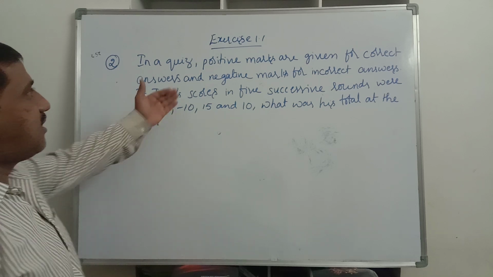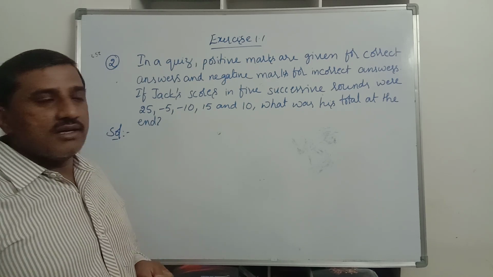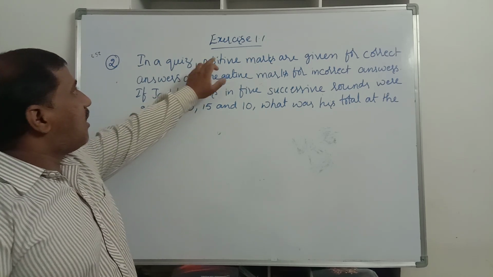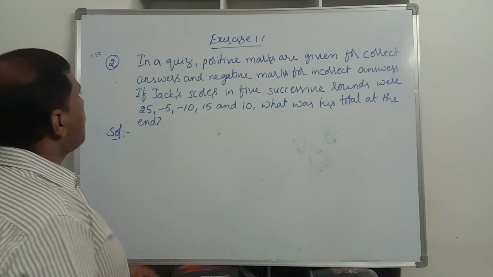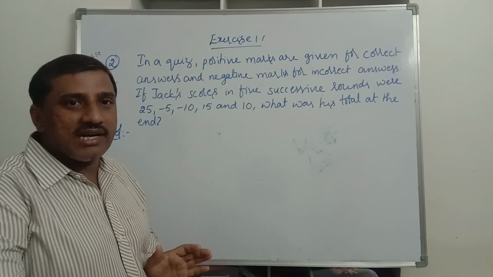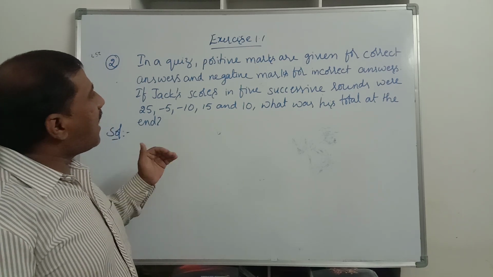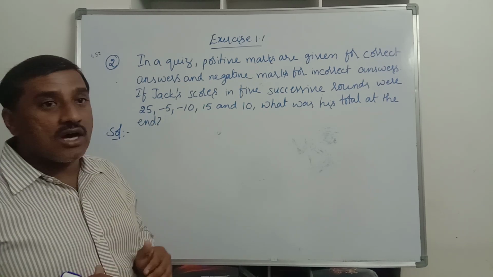Now we will discuss, with the knowledge we have learned from exercise 1.1, the second question. In a quiz, positive marks were given for correct answers, and negative marks were given for incorrect answers, that is wrong answers.